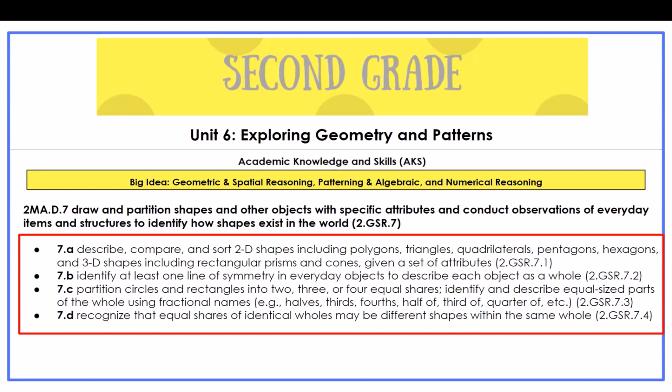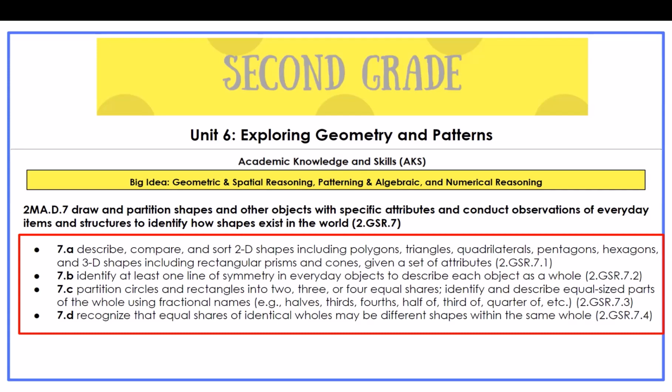By the end of the unit, students will be able to reason about the shapes of partition sections and justify their thinking about equal-sized parts using fractional vocabulary such as 2/2, 3/3, and 4/4 to describe a whole.